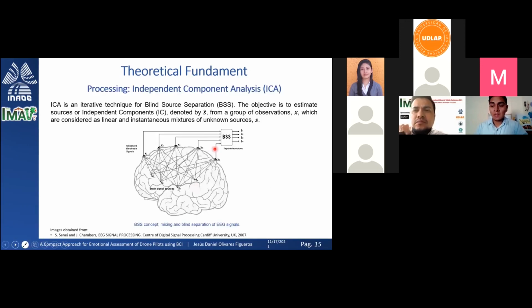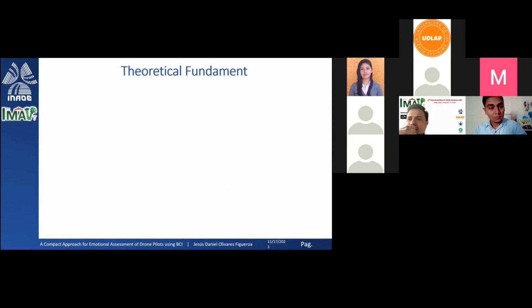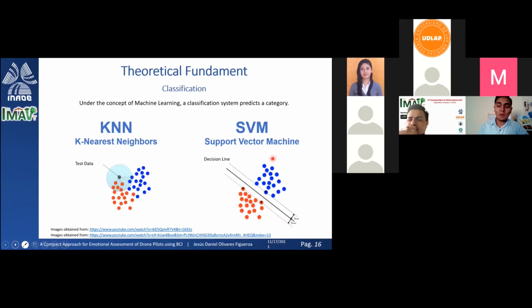Also, we use independent component analysis, or ICA, to separate the sources that correspond to physiological signals or maybe also to artifacts. The estimated sources that we obtain are called independent components. As I mentioned before, the classifiers that we use are k-nearest neighbors and support vector machine.